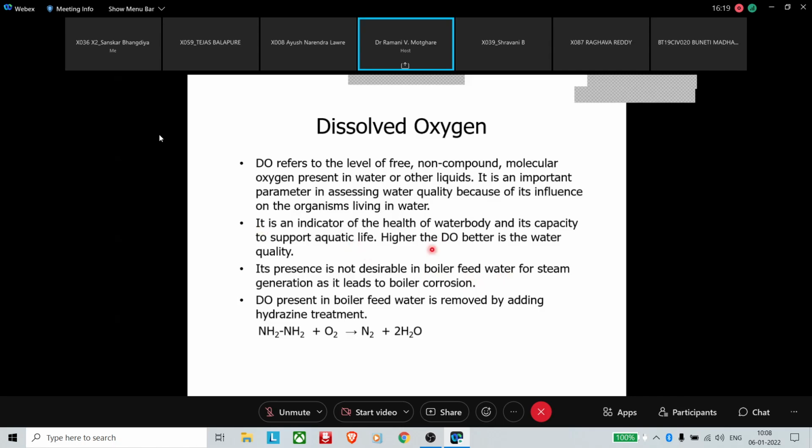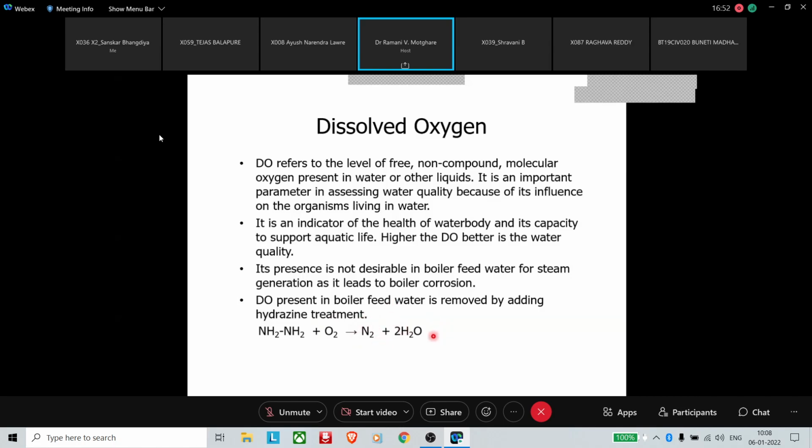Now, dissolved oxygen is very much necessary for all aquatic flora and fauna, but its presence in boiler feed water is not desirable, and hence you need to treat it by the best method, hydrazine treatment, molecular weight same as that of oxygen, and we find that when you add hydrazine equal, like if this is 8 milligrams per liter and you add 8 milligrams per liter of hydrazine, you are converting it into N2 and pure H2O.